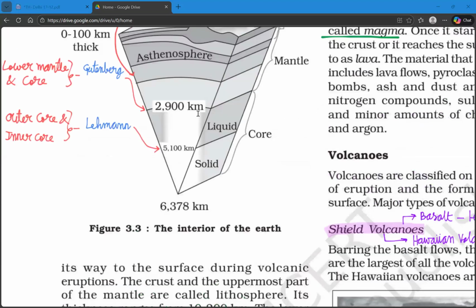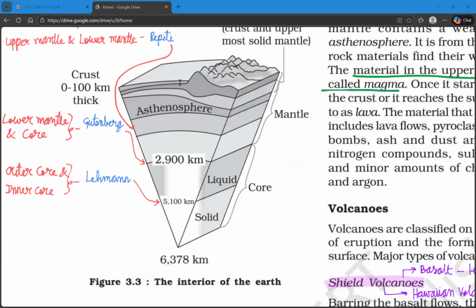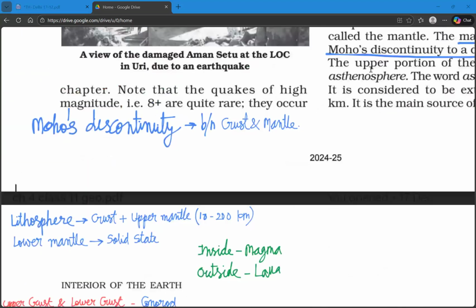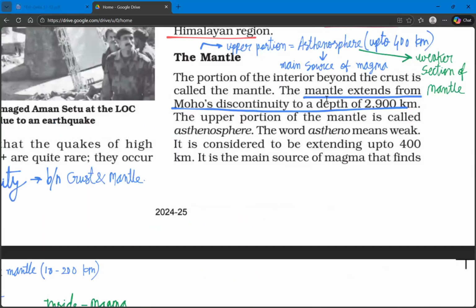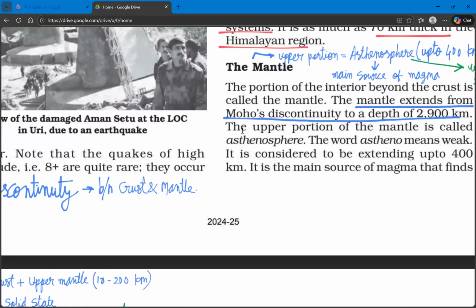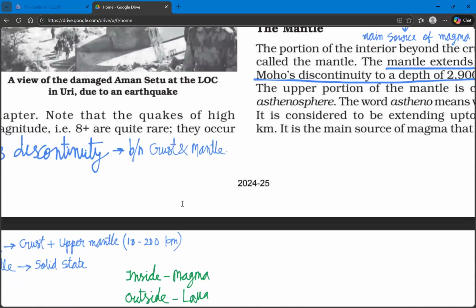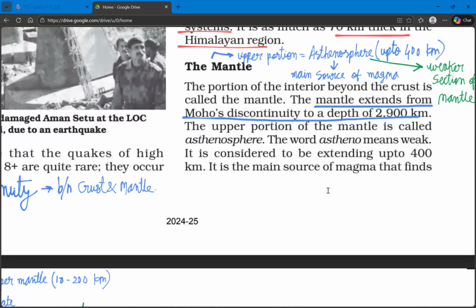Let's see the division between mantle. If we see here, this is the crust and the portion that starts beyond the crust is called mantle. And what is Moho's discontinuity? Moho's discontinuity basically is the boundary between crust and upper portion of the mantle. So in mantle, we have two divisions, that is upper portion and lower portion. So Moho discontinuity comes between crust and upper mantle. And asthenosphere.